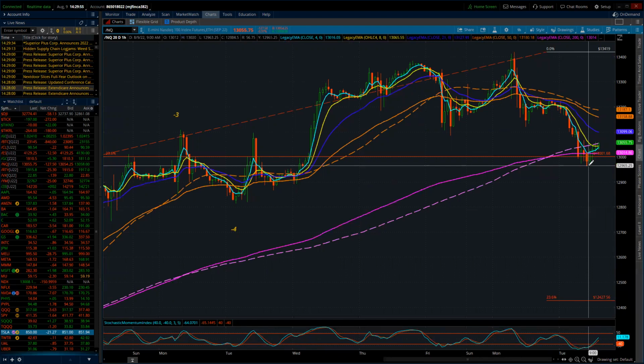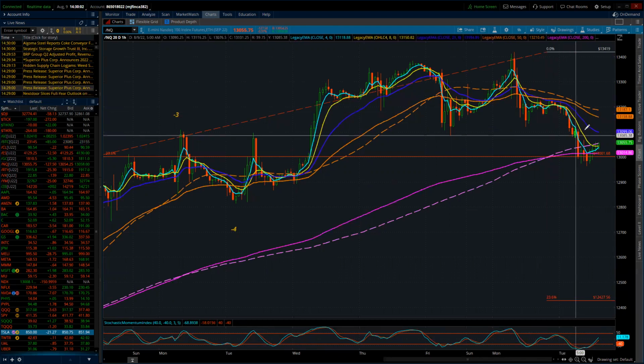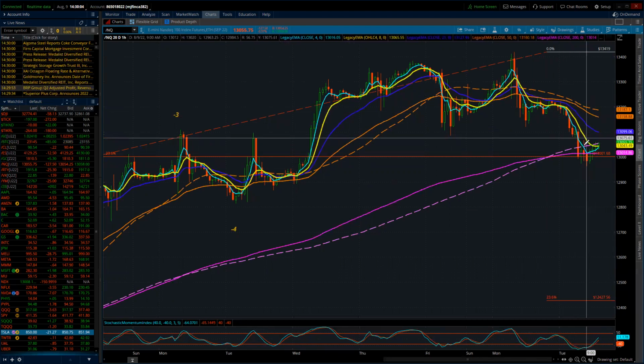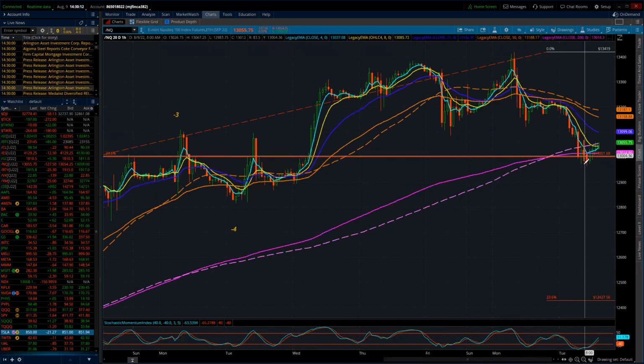I can stretch it, where I would go 1 and put the 2 here, and then 1, 2, 3, 4, 5, 3, 4, 5. That could work, and I would tear it up and go down to the 15-minute to look for the internals. But for right now, I'm saying there is a possibility.